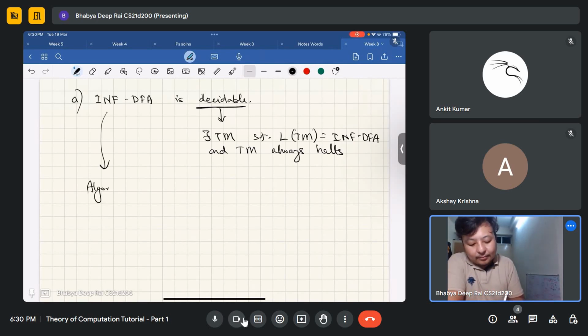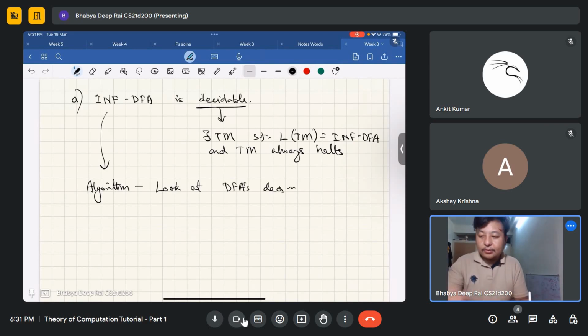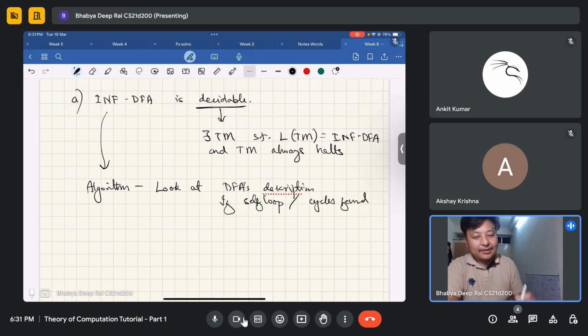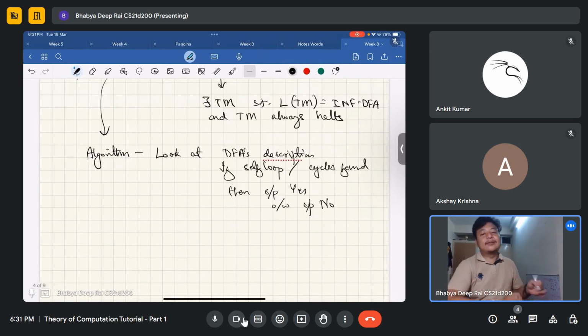So the algorithm: simply look at the DFA's description. If a self loop or cycles are found in the transitions, then output yes, otherwise output no. And this algorithm will always halt.